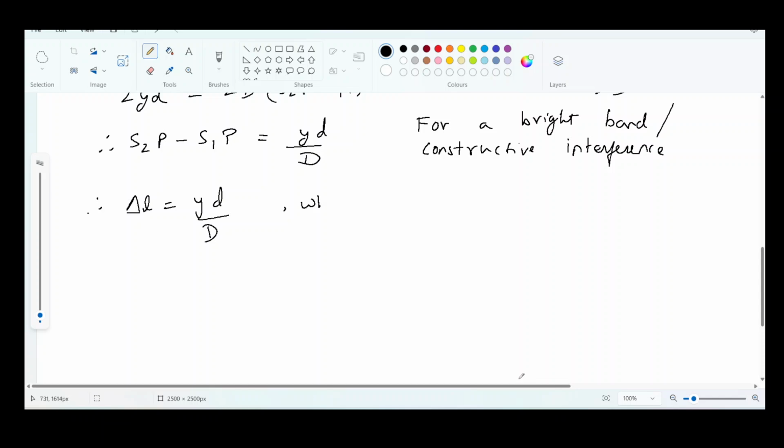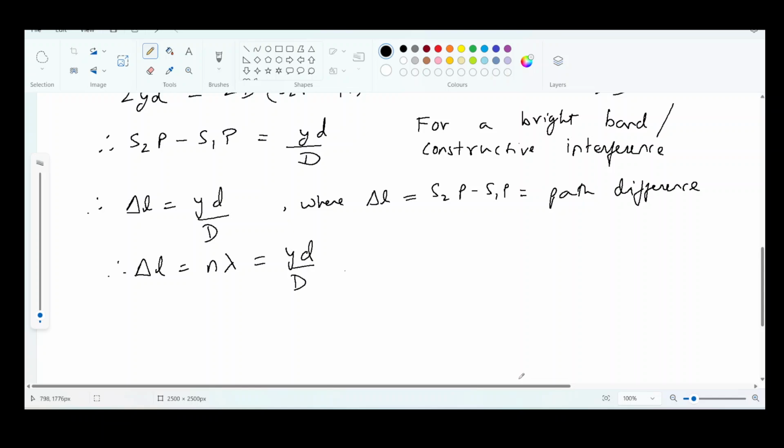where delta L is equal to S2p minus S1p, which is the path difference. So this path difference for constructive interference is n lambda, which is nothing but yd by D for a bright band, which gives us y is equal to n lambda D by d.